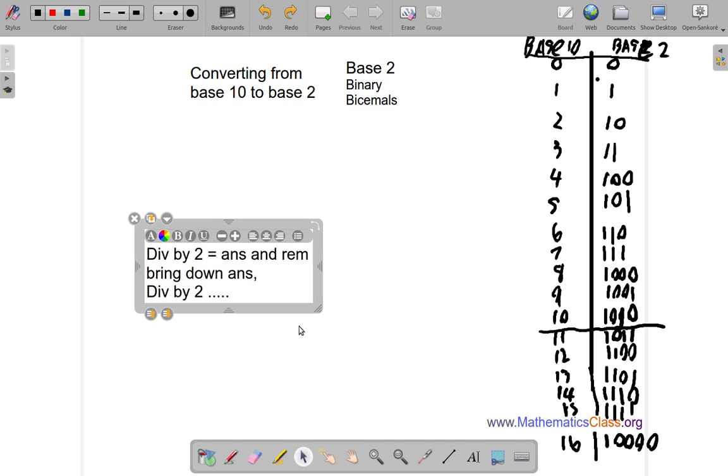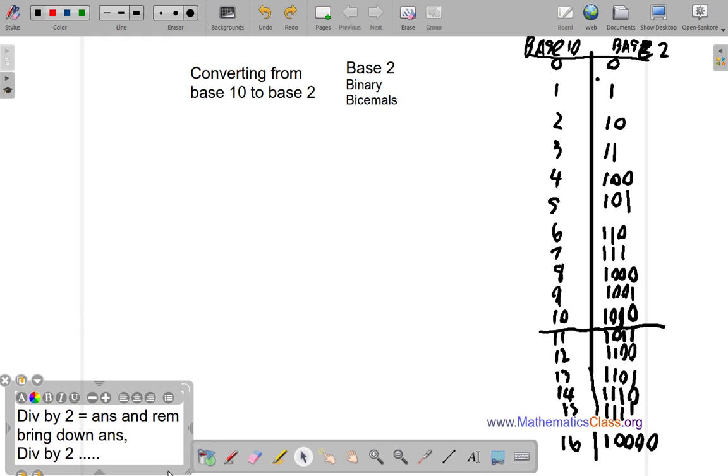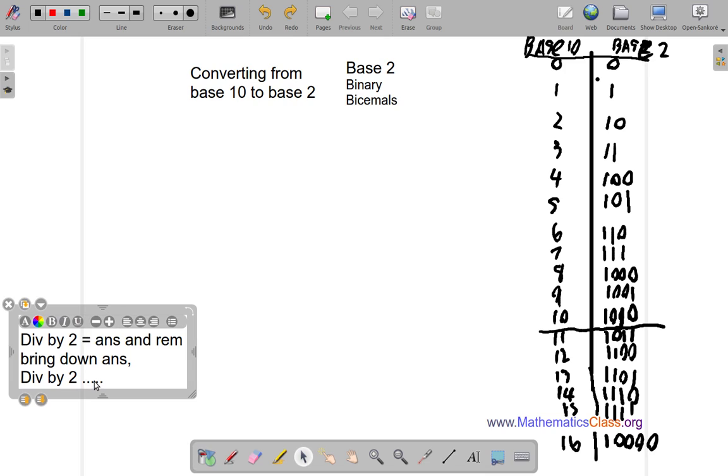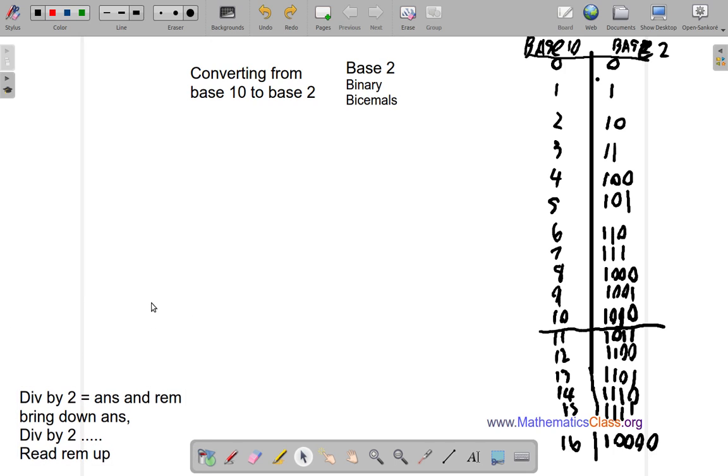So basically, this method will consist of dividing the number by 2, writing down the answer and remainder. Bring down the answer, divide by 2, write down the answer and remainder. Bring down the answer, divide by 2, write down the answer and remainder. Finally, when we're done, you're going to read the remainders up from where you finish to where you start.